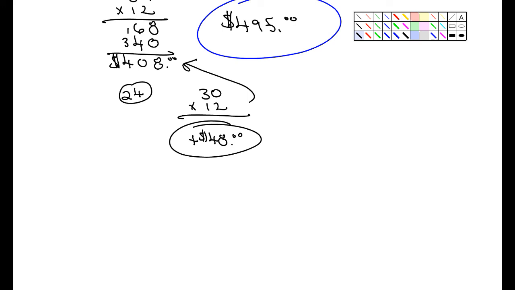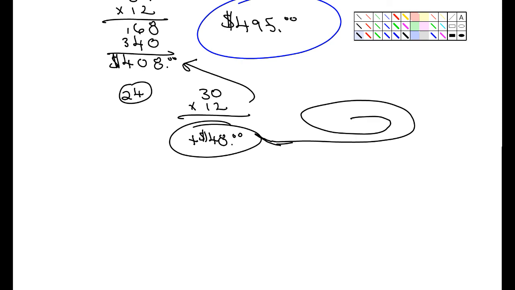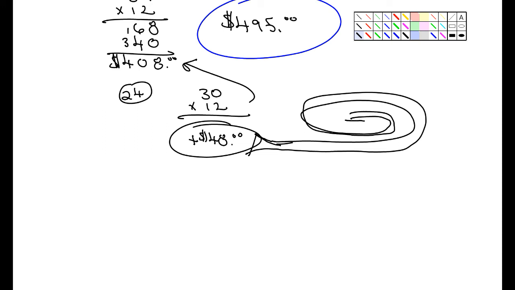And can I draw a trombone here? Let me see if I could draw a trombone. Oh, that's an awful looking trombone. Yeah, that's about the best I can do.